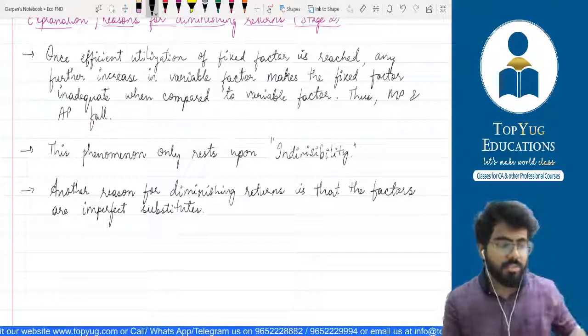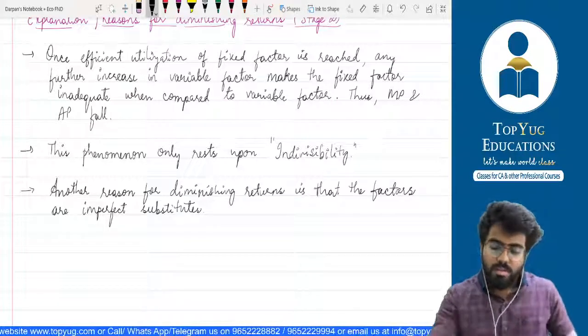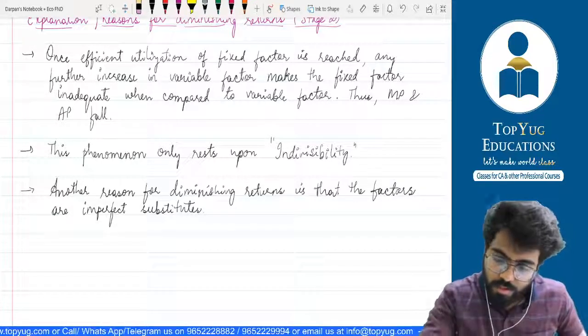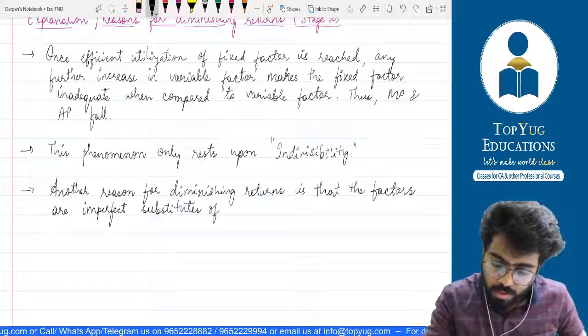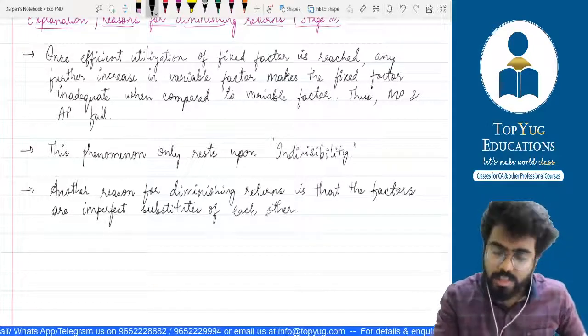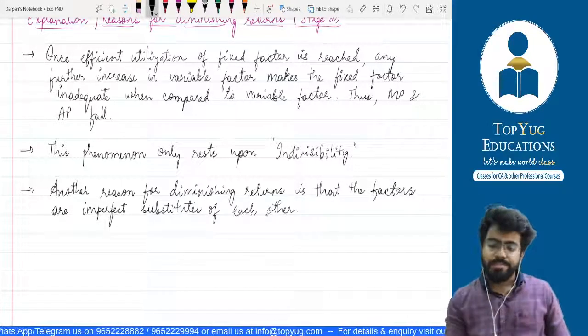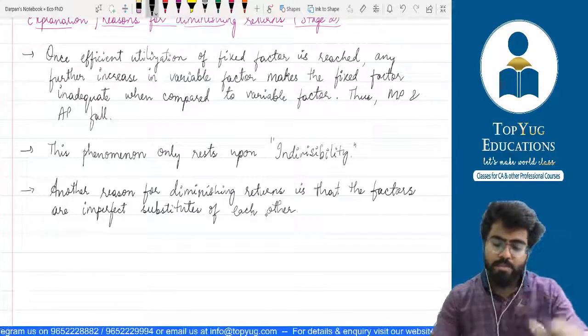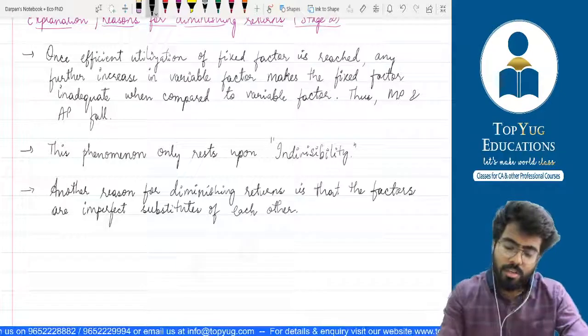They are imperfect substitutes of each other, right? That means they cannot replace each other.